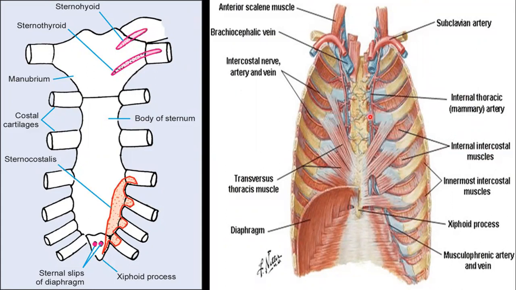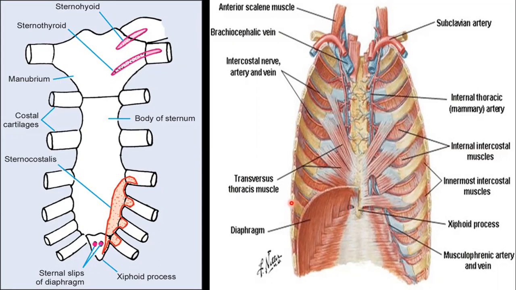When we talk about the posterior surface, we have the sternohyoid, the sternothyroid, the sternocostalis or transversus thoracis, and the slip of the diaphragm. So this is the posterior attachment of the sternum, whereas the anterior attachment has sternocleidomastoid, pectoralis major, rectus abdominis, external oblique muscles, internal oblique muscles, and linea alba.